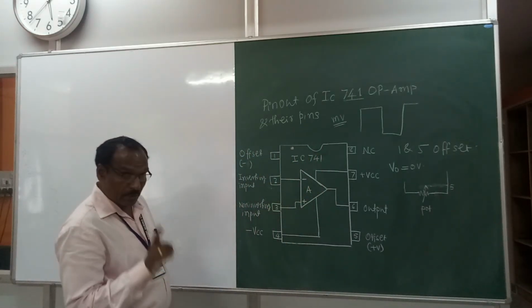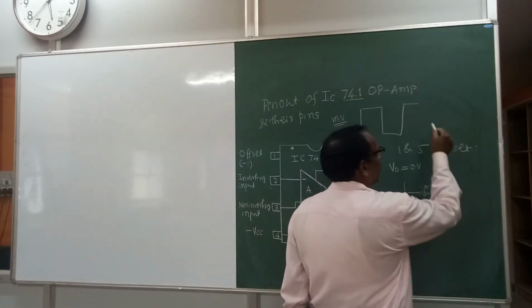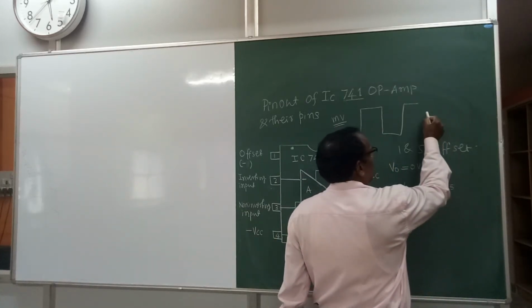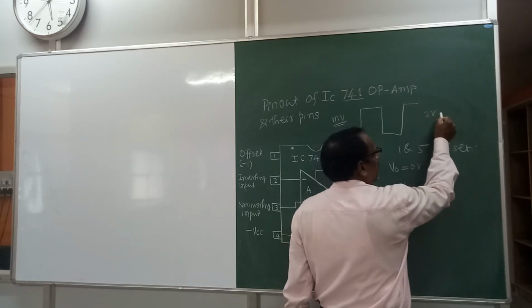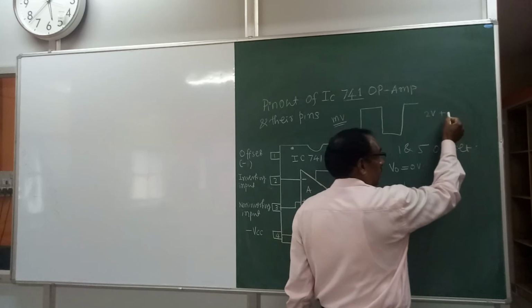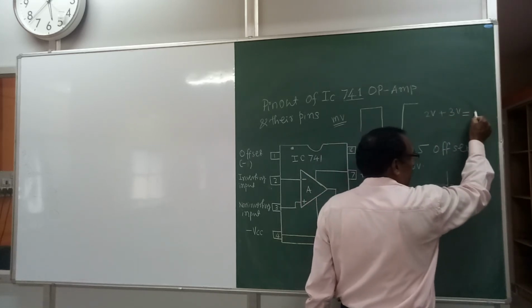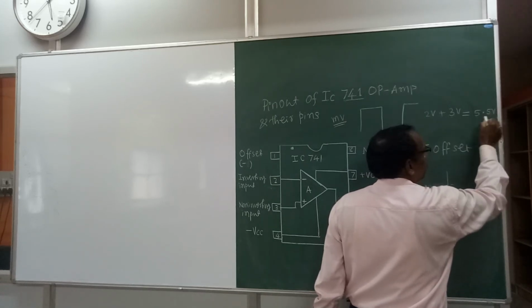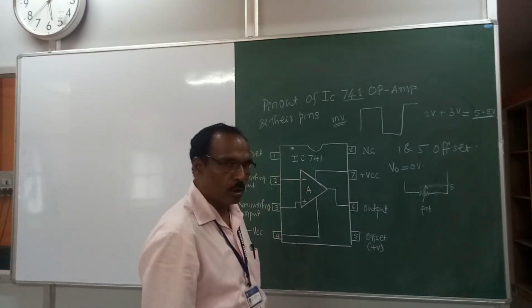Because we are using this IC for mathematical operations. Say I want to add 2 inputs. I have given one input 2 volts and the other input DC 3 volts. If it gives 5 volts, that is wrong.